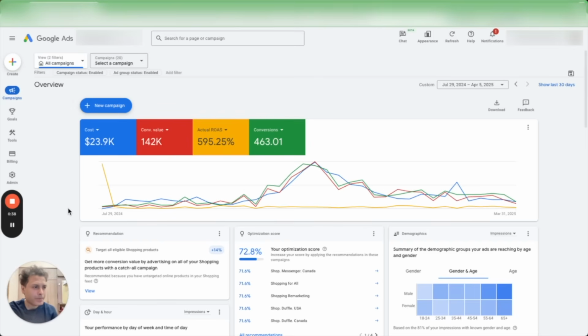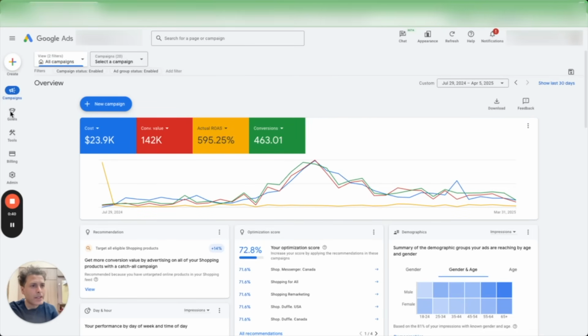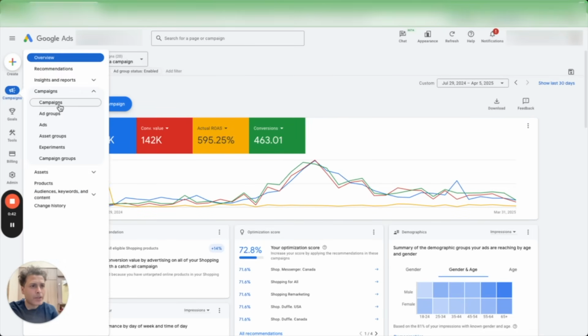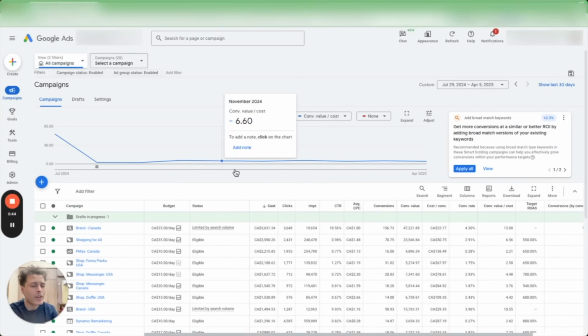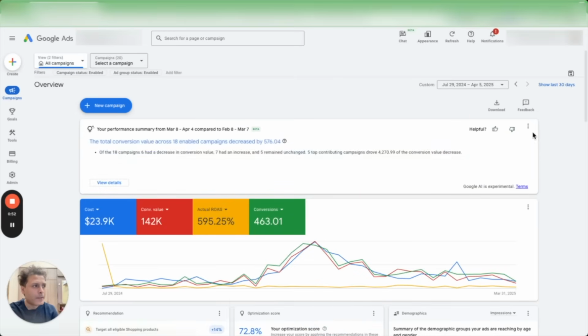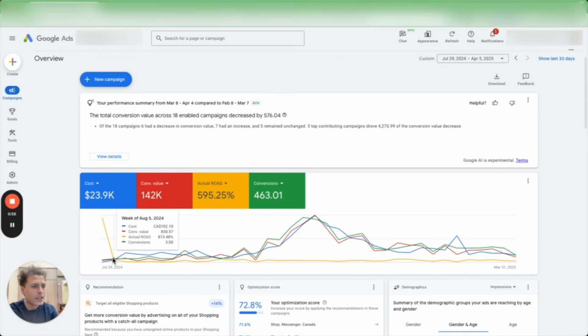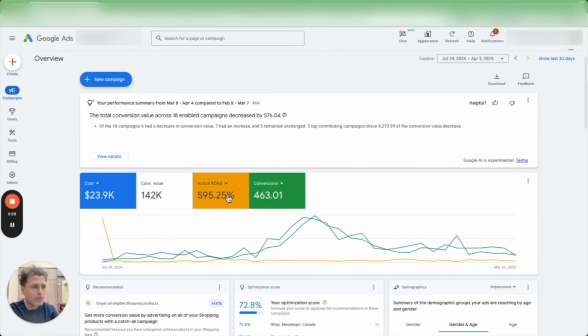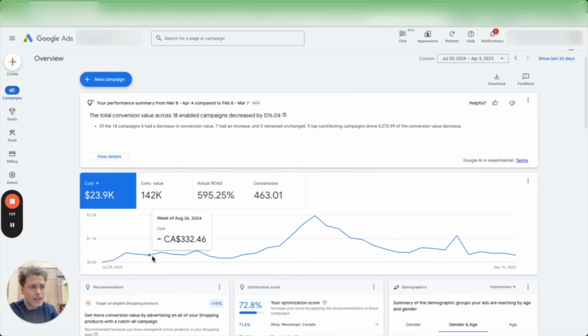So as you can see, first I am going to show you that we started taking over this client in August 2024. And from August you'll see that the spend has been very consistent other than the quarter 4 period.